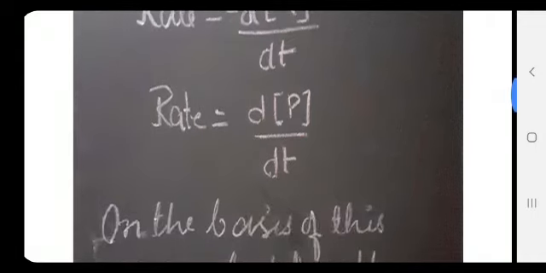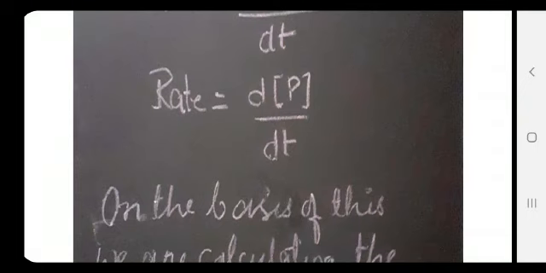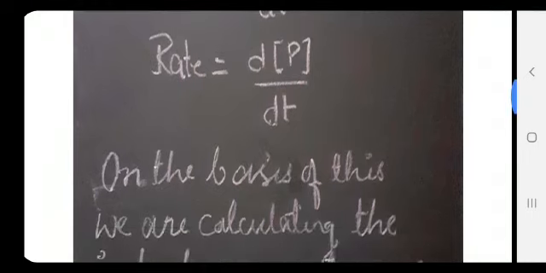But when we need to calculate the rate for an instantaneous reaction, this differential equation is not able to give an accurate value for the rate or the rate constant. That's why there is a need to integrate.